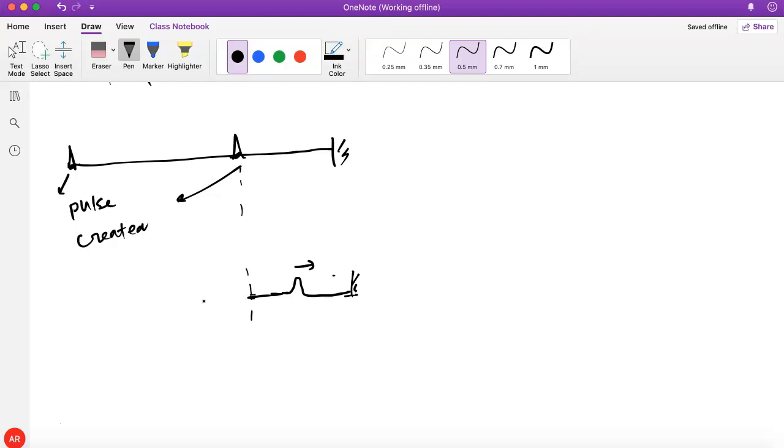And the same distance over here, we have a similar pulse moving that way. And let's say at the same time we've created a pulse here. So there's going to be another bump, another pulse moving this way in this stretched string.